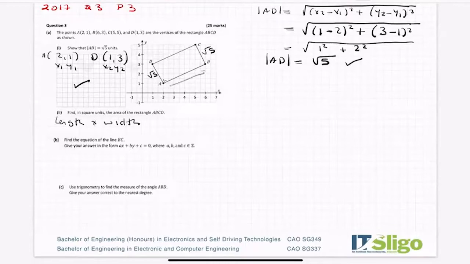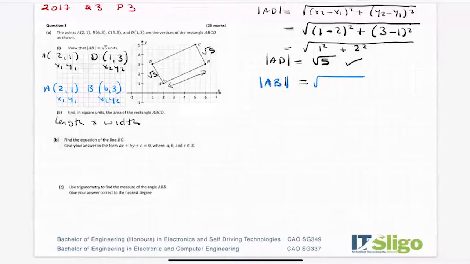So I need to find the length of AB. If it's AB that I find, I take down A, I take down B, I label them x1, y1, x2, y2, and I get the length of AB. So it's the same formula. So x2 is 6 minus x1, which is 2, squared, plus y2 minus y1, squared.